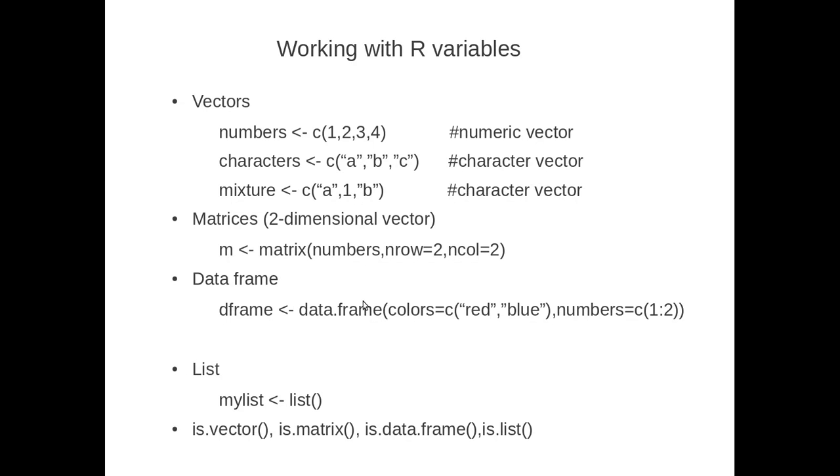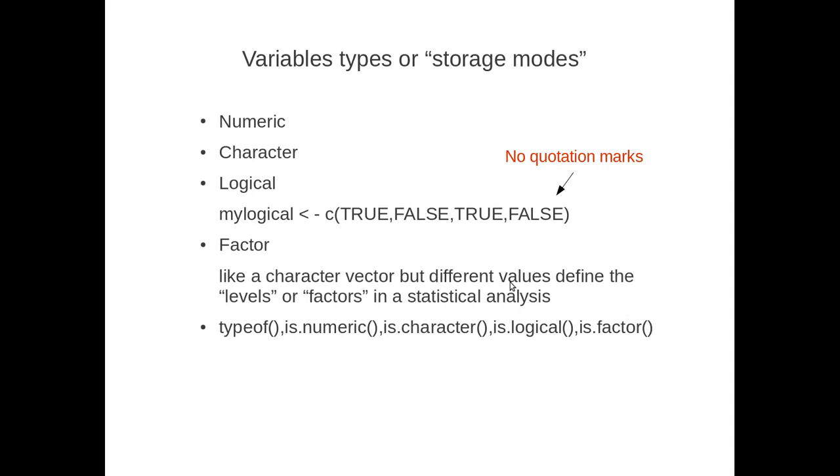A data frame is similar to a matrix. Actually, what I'm going to do is explain this first, because in order to understand the difference between a data frame and a matrix, it's important to understand that variables have types, or more specifically in R syntax, what are called storage modes. A vector, which is the simple array-like variable type, can be either numbers or characters, but it can't be both.